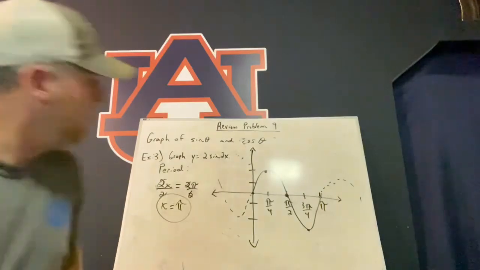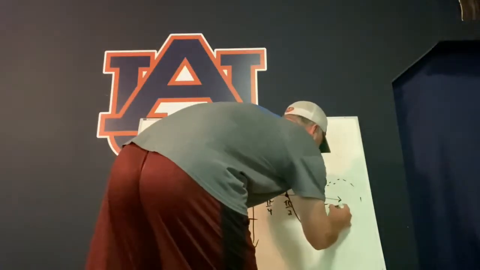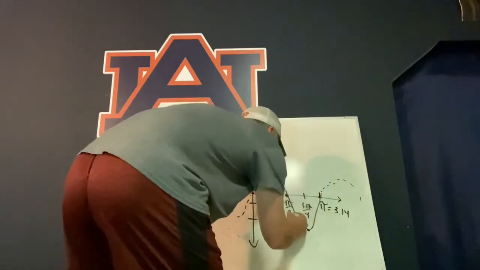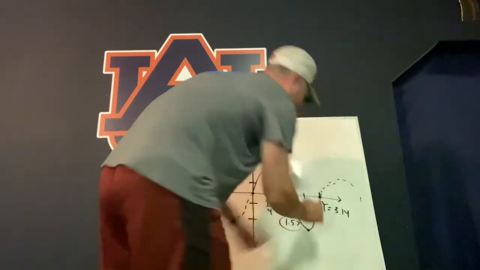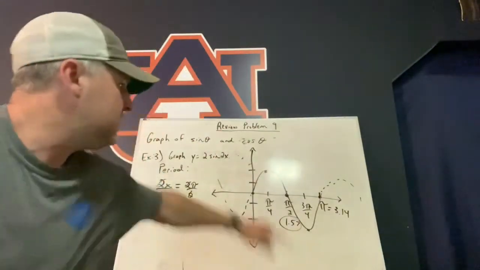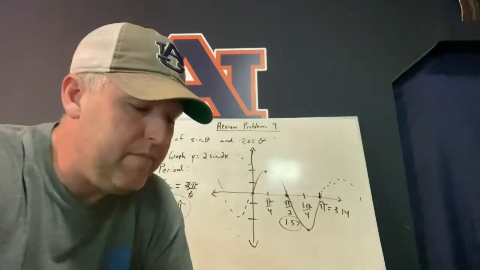But know that, look, guys, pi is just like 3.14, right? This is like 1.57. This is like, I don't know, I can't do it in my head, but 3 times 3.14 divided by 4, okay? It's in between those, okay?